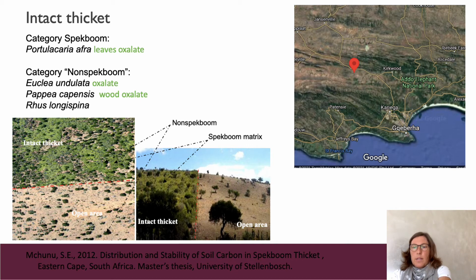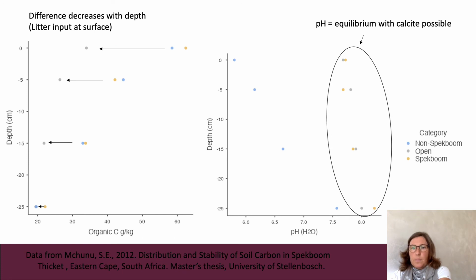The study was located at the Renosterhoek farm near Kirkwood. What we can see is a highly significant difference in pH in the soils underneath the spekboom.